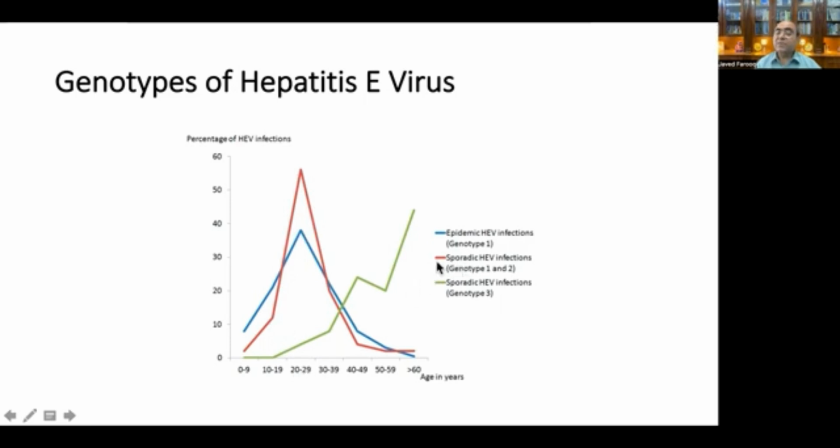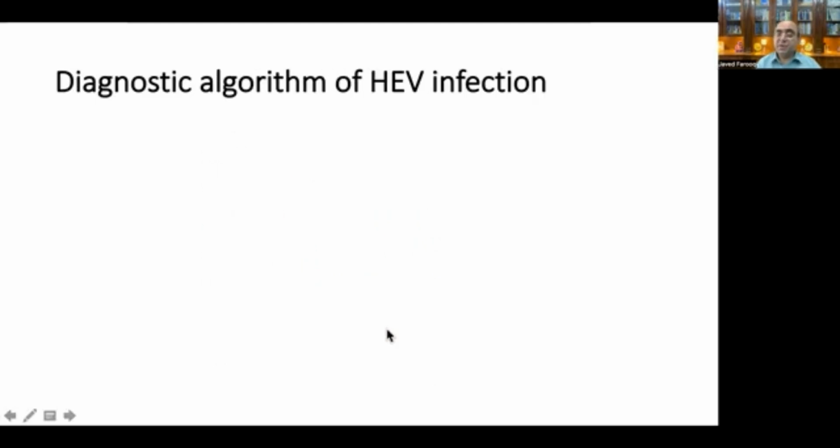For genotype 1 and 2 combined, the red line, again this is 20 to 29 years. That means the younger age. But when we come to genotype 3, this is mostly at the later age. So when we compare again, genotype 1 and 2 affect mostly the young people, while genotype 3 affects mostly the elderly people. So this is the genotype distribution.